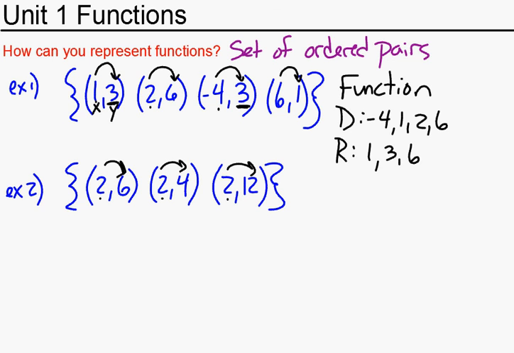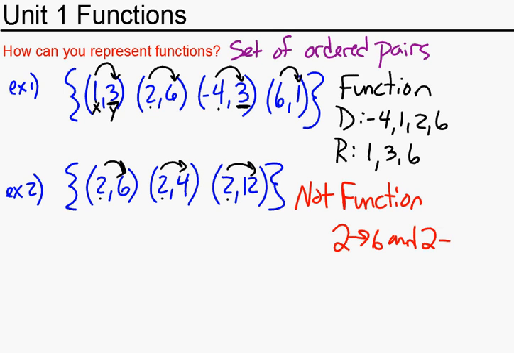I don't know the consistency there. So this is obviously going to be not a function. And when I say that, I like to say something like 2 goes to 6 and 2 goes to 4. That's all I need to show that it's not a function. I don't need the last one in there. So those are sets of ordered pairs, a second way to look at functions.